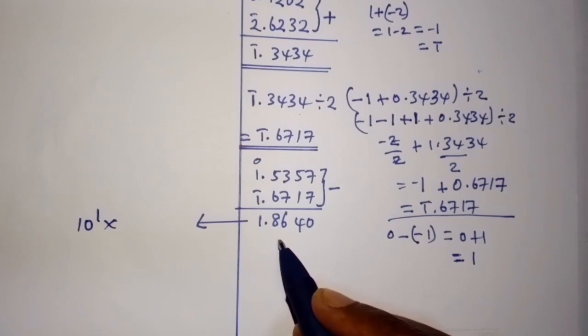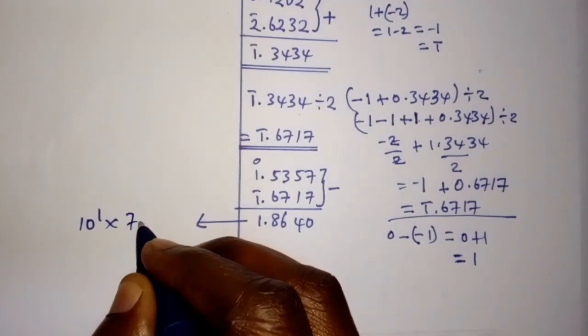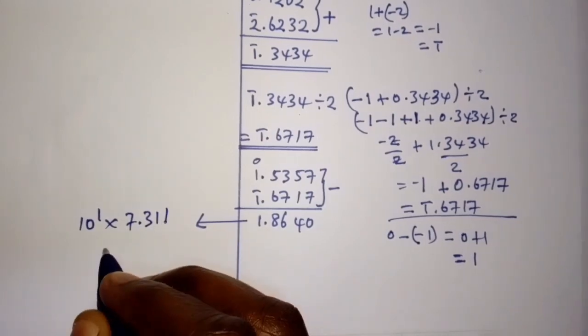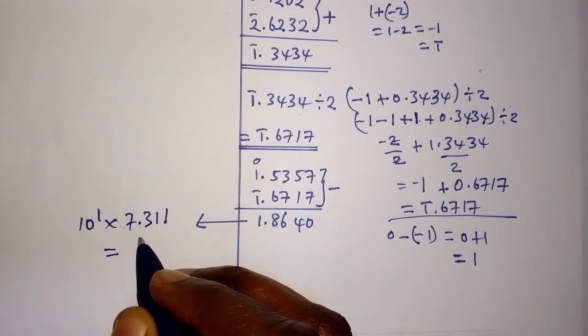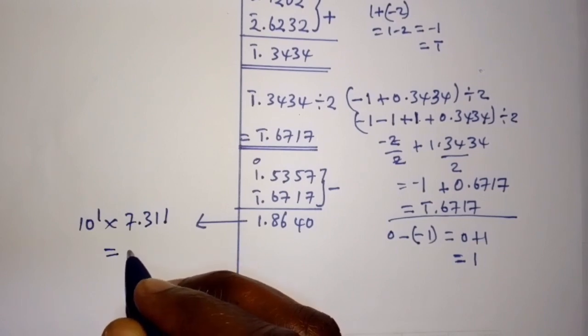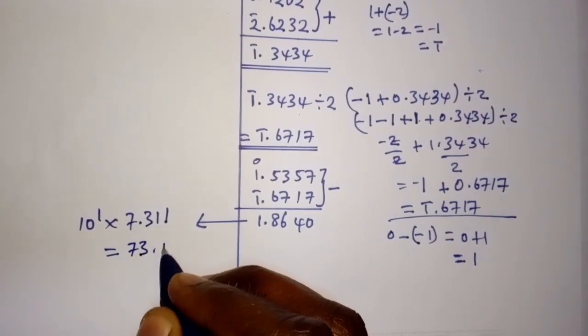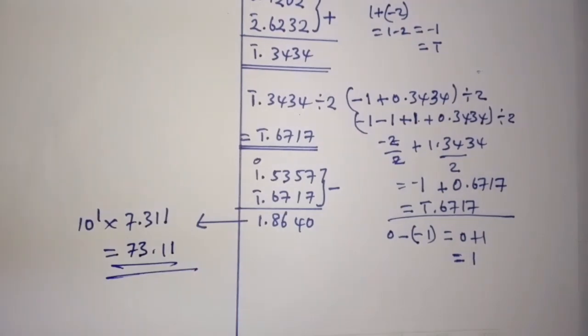The antilog of 0.8640 is 7.311. So when we multiply 10 power 1 times 7.311, we end up with 73.11.